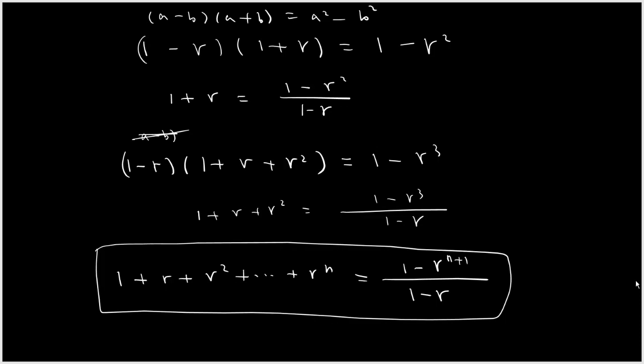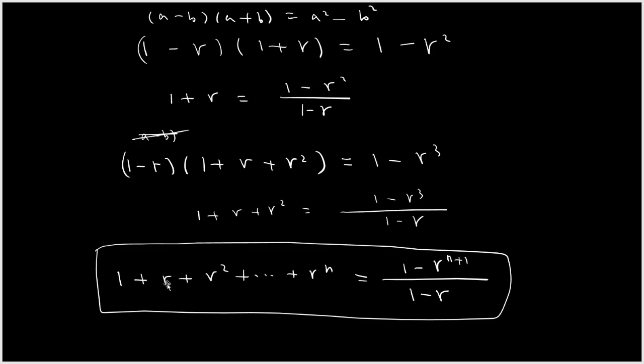The formula is essentially coming from what you learned in junior high school: geometric sequences, geometric series. Can you remember the term? If you have a series, there's a common ratio. We call r the common ratio.